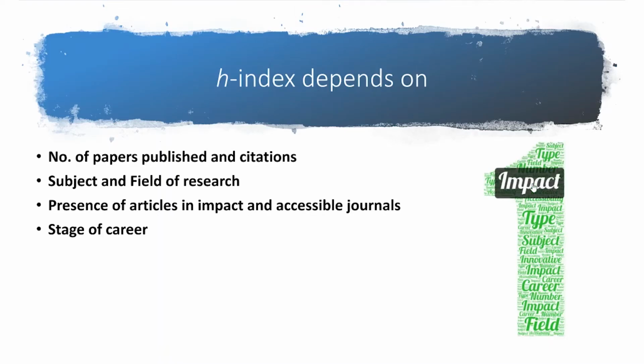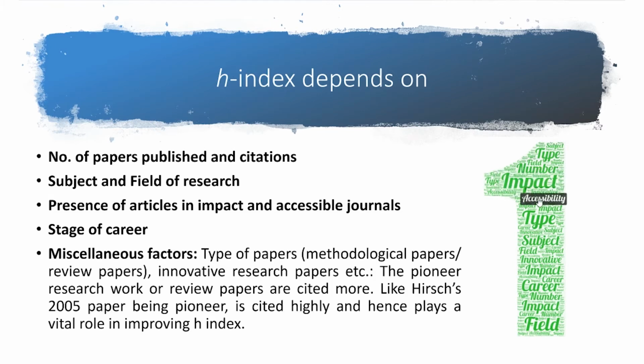Next factor is other miscellaneous factors, including the type of papers, whether the type of paper is methodological or it is a review paper. It is one of the important factors. The innovative research papers are cited more as compared to other kinds of papers.